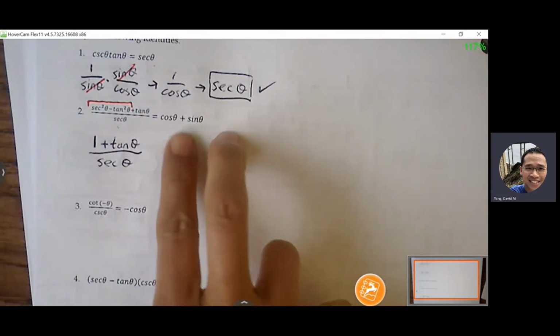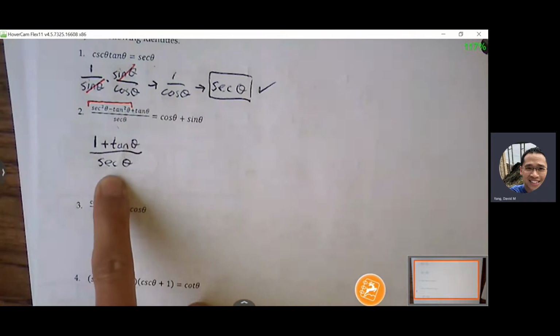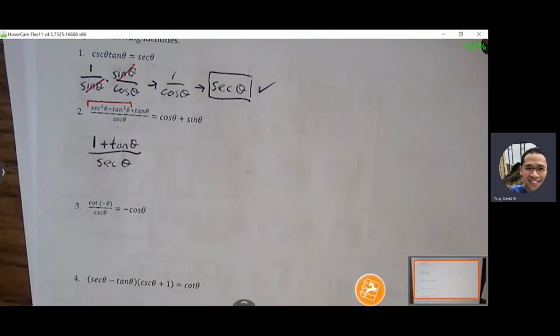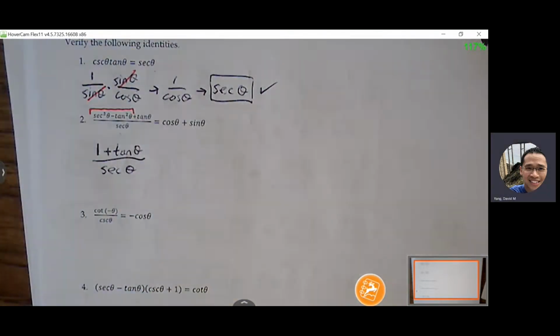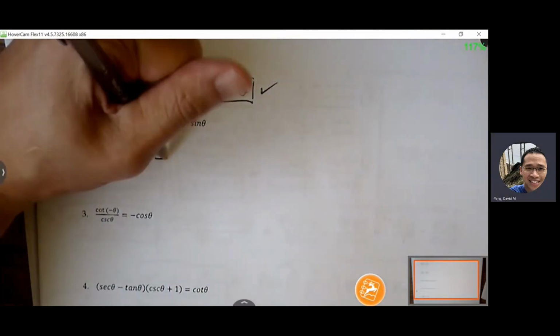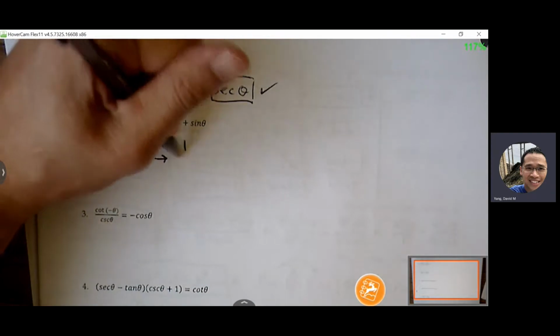I have 2 separate terms here. Can I make 2 separate terms out of this? Yeah, I can do 1 over secant plus tangent over secant. The tangent over secant is unresolved, but if we think of it as 2 separate terms, then we can just treat them and solve them individually, right?